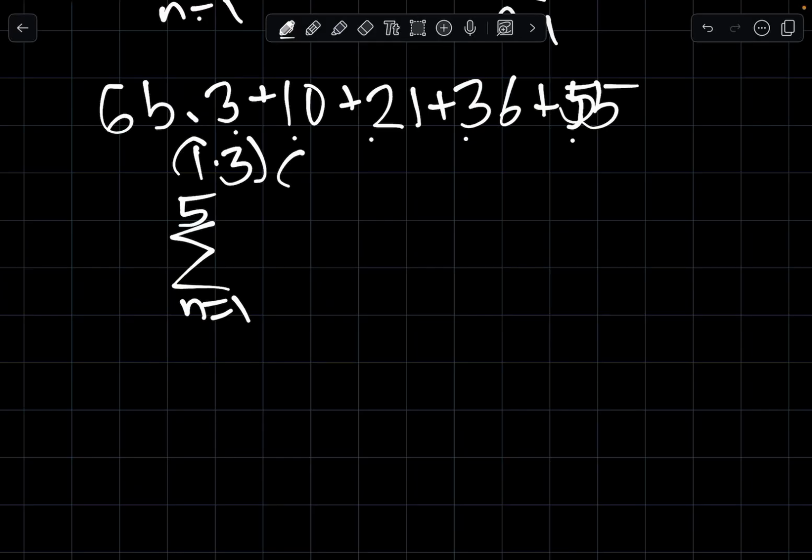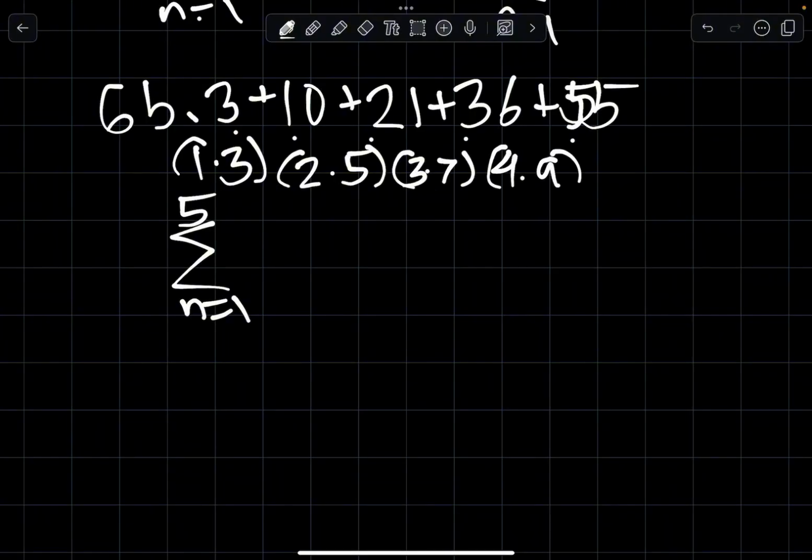10 is going to be equal to 2 times 5. 21 is going to be equal to 3 times 7. You see, I'm starting to see a pattern here. 4 times 9. 5 times 11. Okay, so we spotted a pattern here. In these products, the first factor is getting increased by 1, while the second ones are all odd numbers that aren't 1.